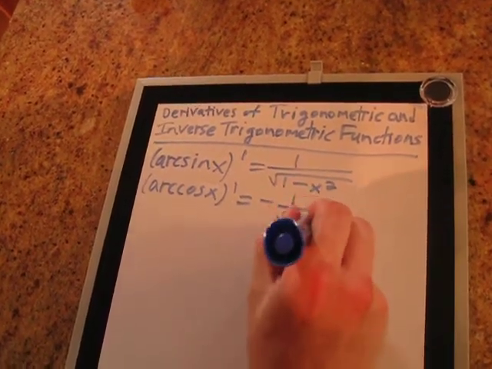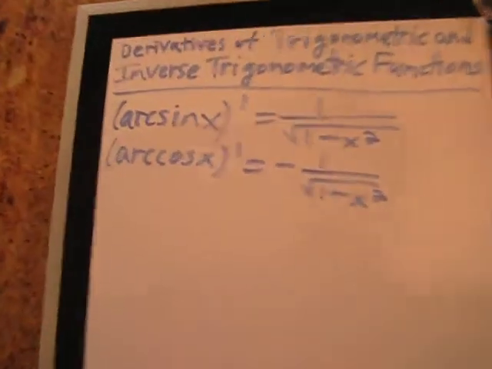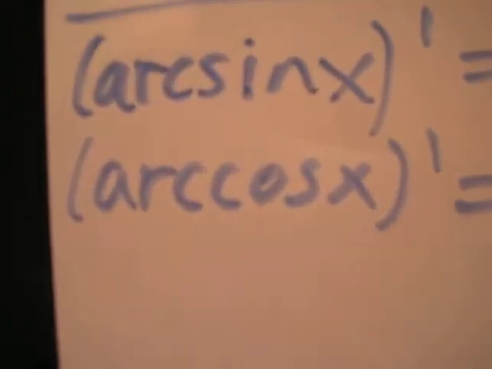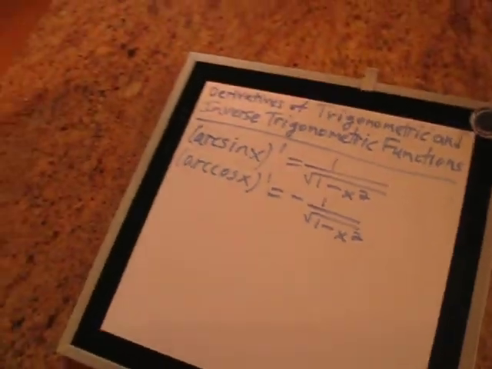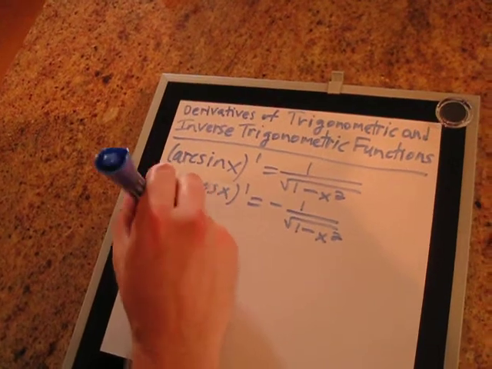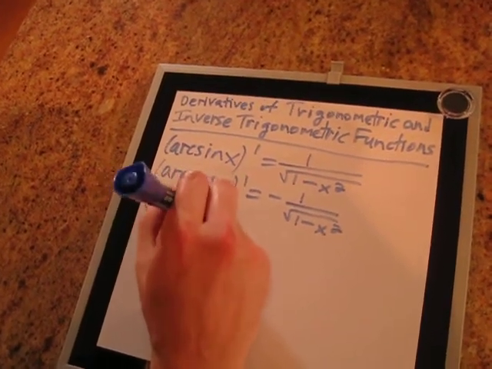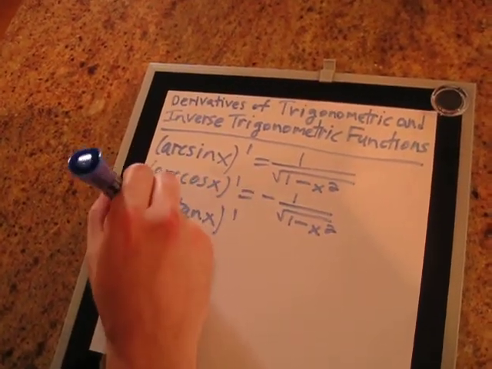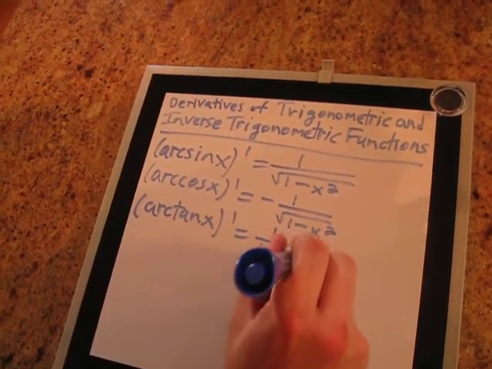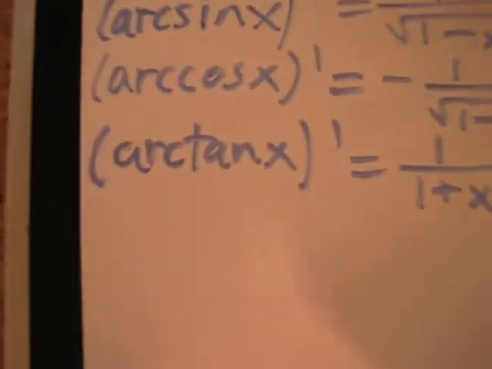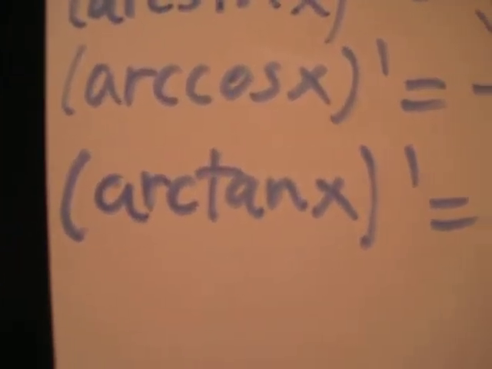It's negative 1 all over the square root of 1 minus x squared. The third inverse trigonometric function is arctangent. The derivative of arctangent is 1 all over 1 plus x squared. That is the third important one to know.